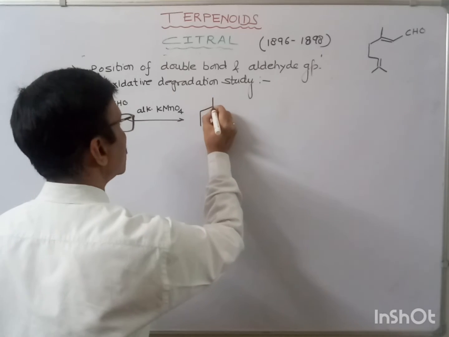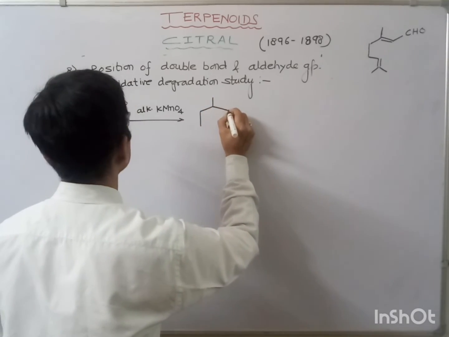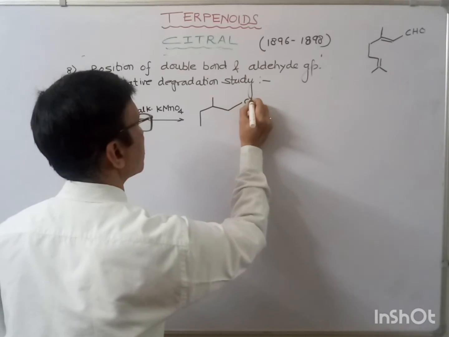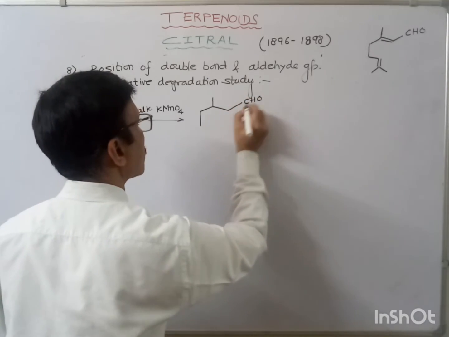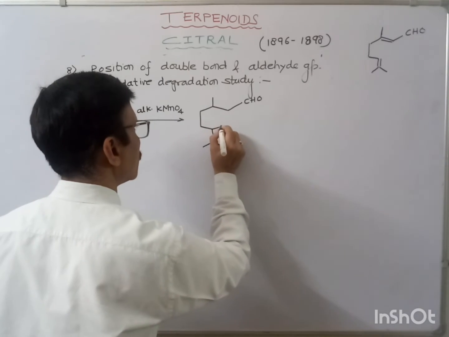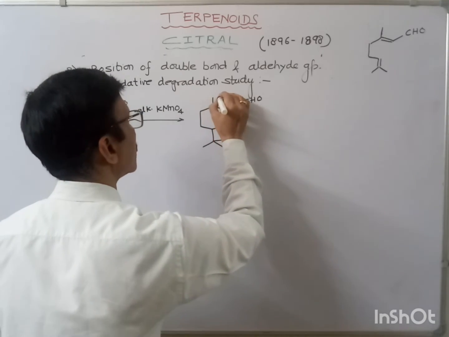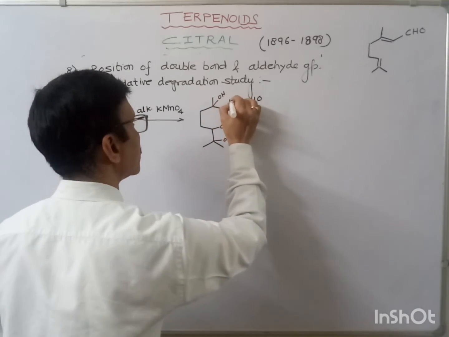So let's form the diol across the double bond. One OH group over here, another OH group over here.